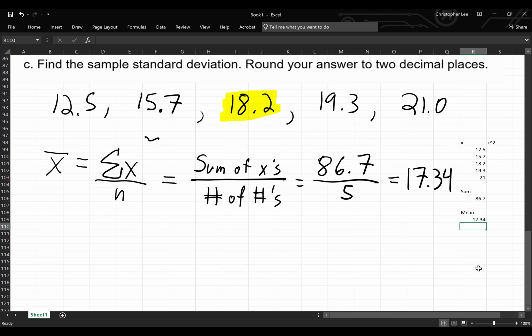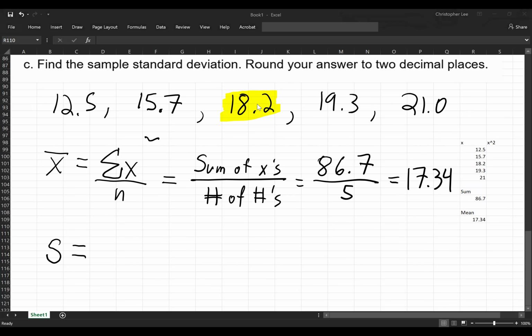So what's the sample standard deviation formula? X minus X bar, parentheses squared, over n minus 1. That's mad complicated. Isn't that the sample standard deviation formula? You're picking the most complicated stuff ever. That's what you put in your formula sheet, sir.